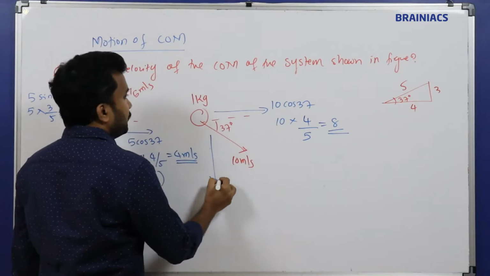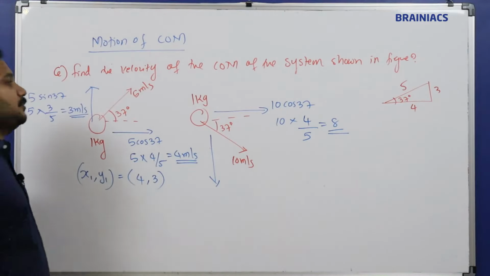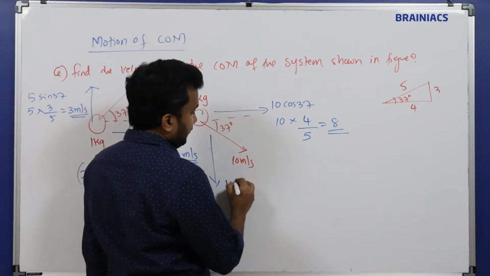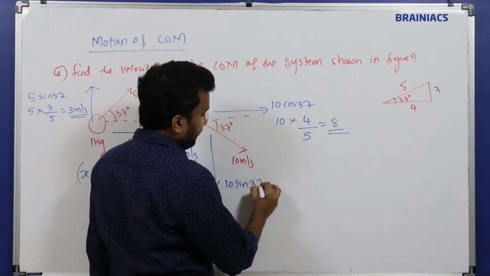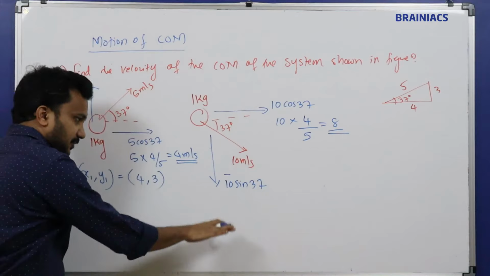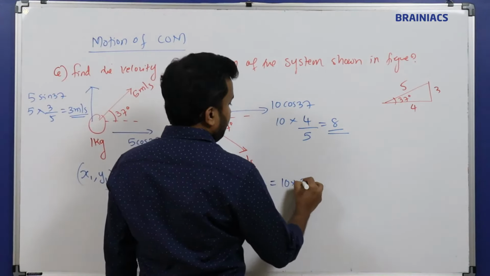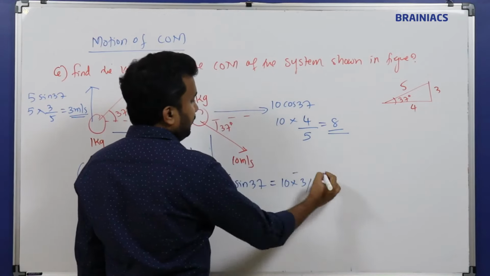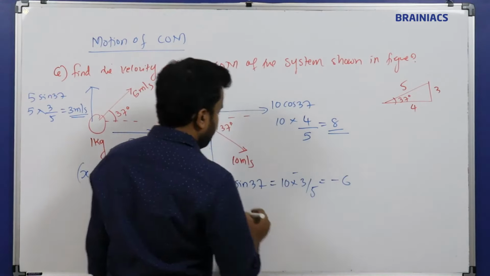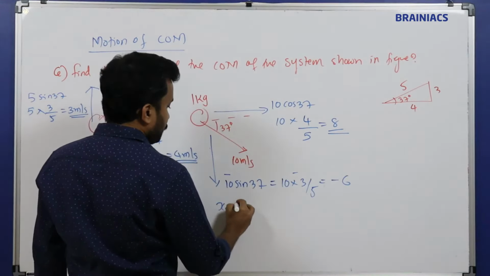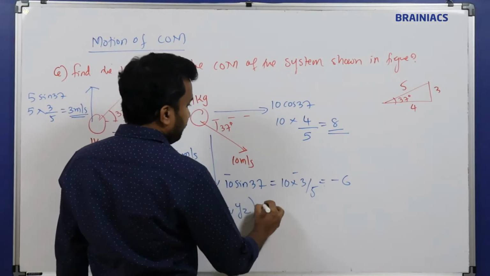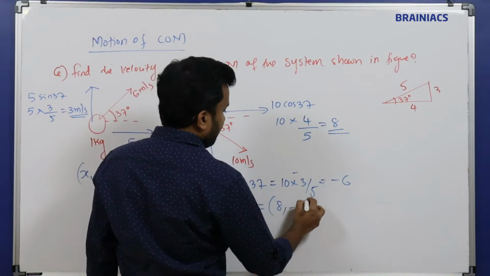And we have a downward one. The downward one is 10 sin 37. You have to put a negative here because it's going downward. So 10 into 3 by 5, negative, and 2 into 3 is minus 6. So here the ordered pair x2 comma y2 is equal to 8 comma minus 6.